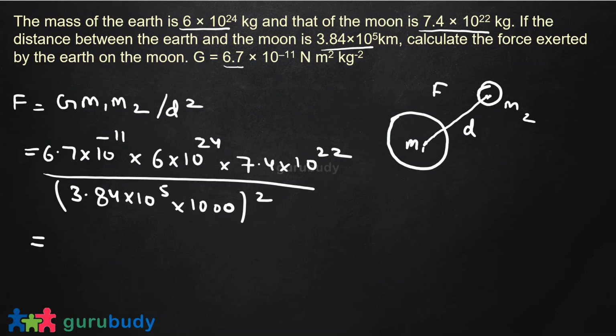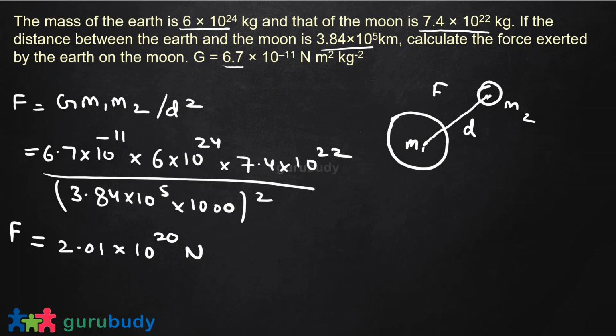So if you do all this together, I think the number you get is 2.01 into 10 to the power 20 Newton. So that's the force. That's a huge force. If you look at it, it is 10 to the power 20. That's an amazingly big number. That is the amount of force which is exerted by the Earth to keep the moon in that motion.